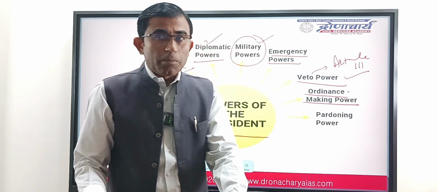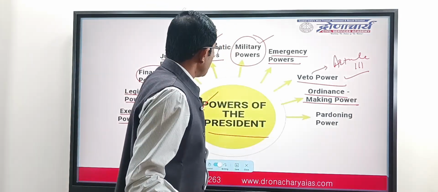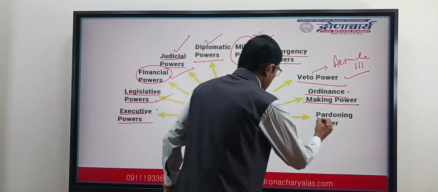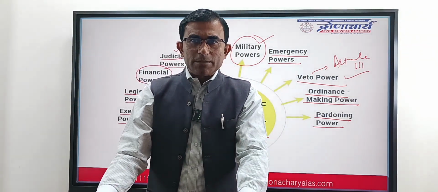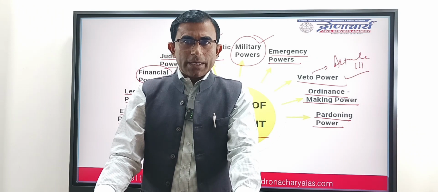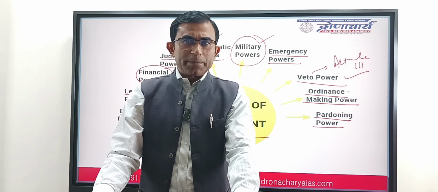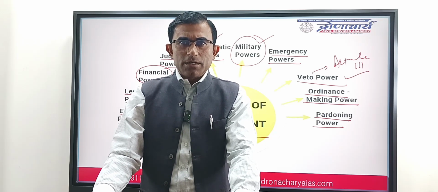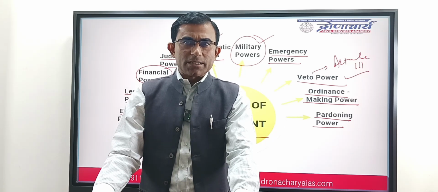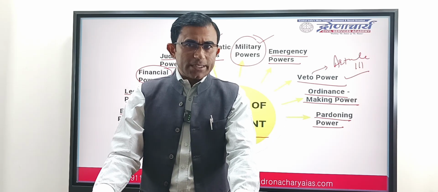Next is pardoning power of the President. A person who has been convicted of a crime under the Indian Penal Code 1860 and sentenced to death may have his sentence suspended, remitted, or commuted by the President of India under Article 72 of the Indian Constitution.